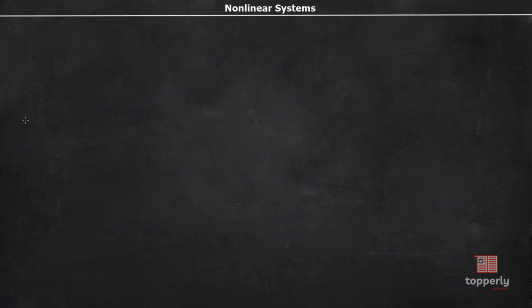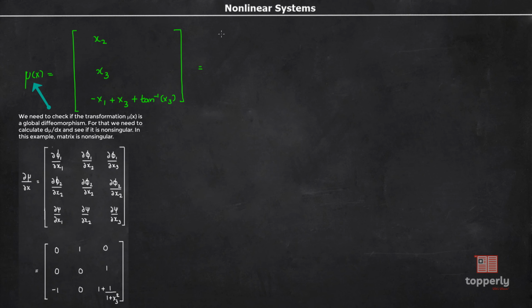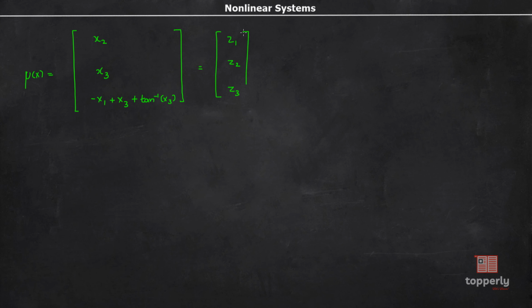Therefore, our mapping mu of x is given by x2, x3 and minus x1 plus x3 plus tan inverse x3, and this is equal to z1, z2 and z3.